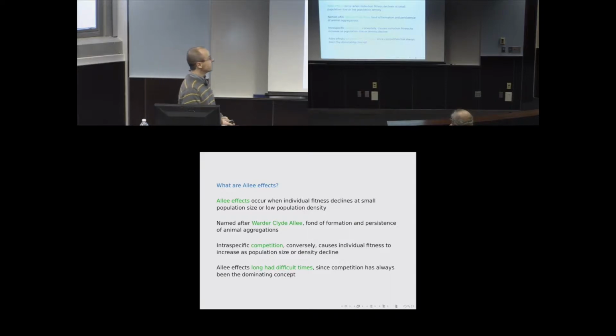These Allee effects are named after Warder Clyde Allee, who was a behavioral ecologist at the University of Chicago, and who was one of the first persons interested in the formation and persistence of animal aggregations.